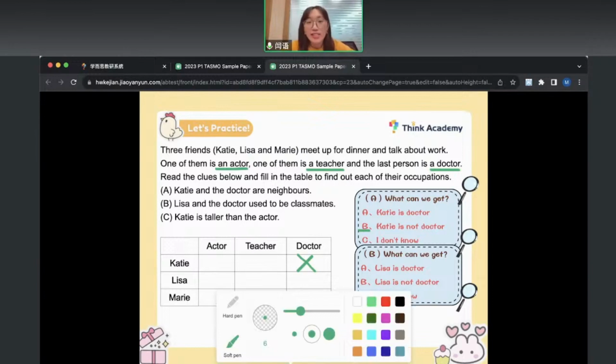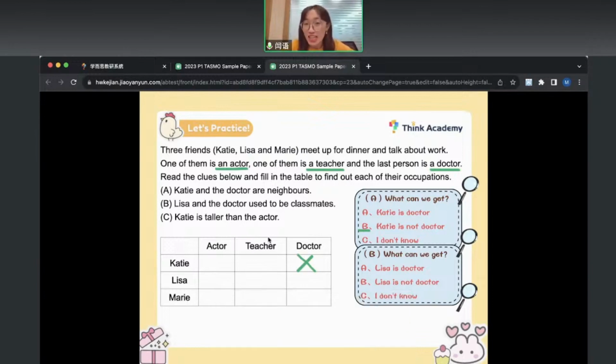So here you see Lisa is not a doctor, right? Okay, so again, we can draw a cross. So actually now everyone, do you have any idea about Mary? Now you see that Katie is not a doctor, Lisa is not a doctor, so who is the doctor? Who is the doctor? Yeah, so actually you see we can get Mary is doctor.